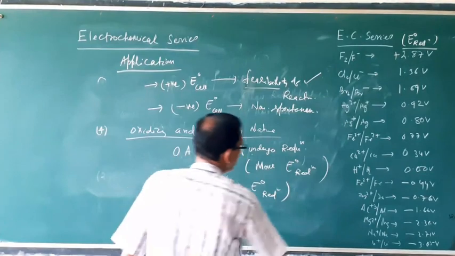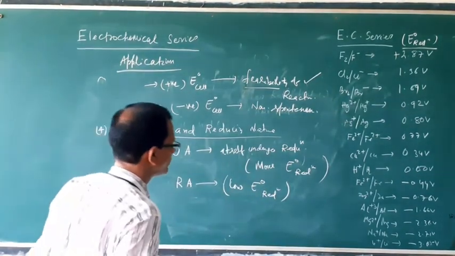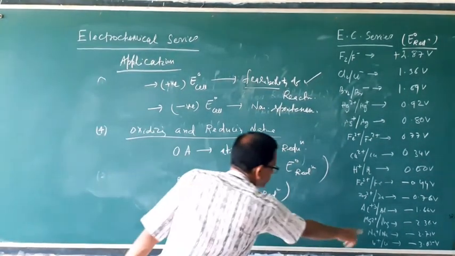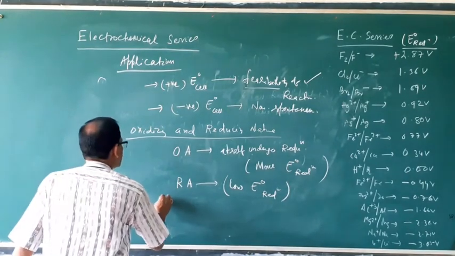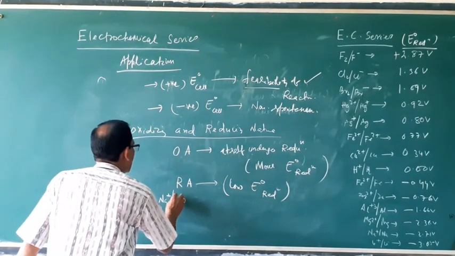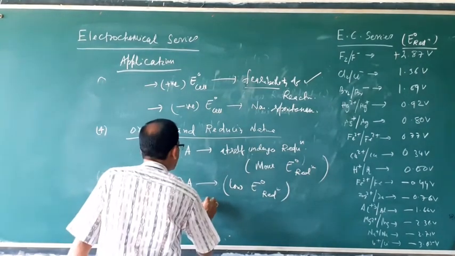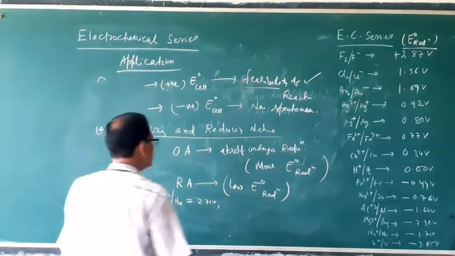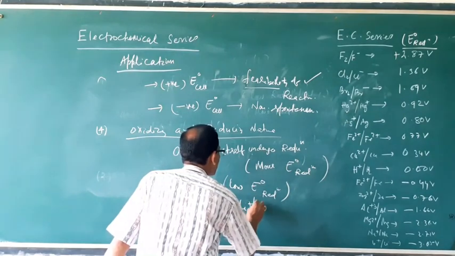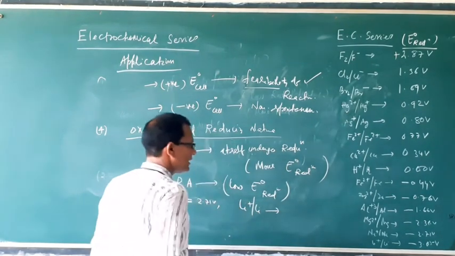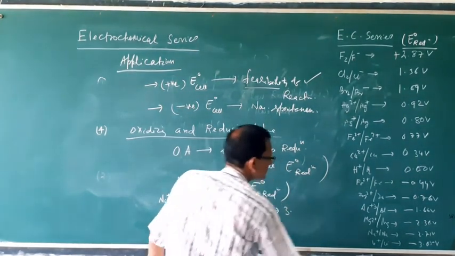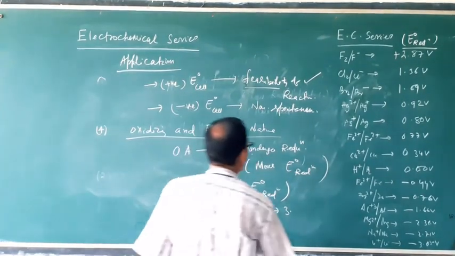For example, just to compare the last two, sodium and lithium. Sodium value is how much? Minus 2.71 volt, and lithium value, as per the data, is minus 3.05 volt.